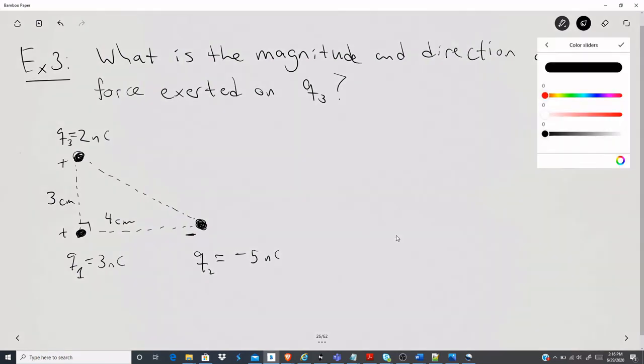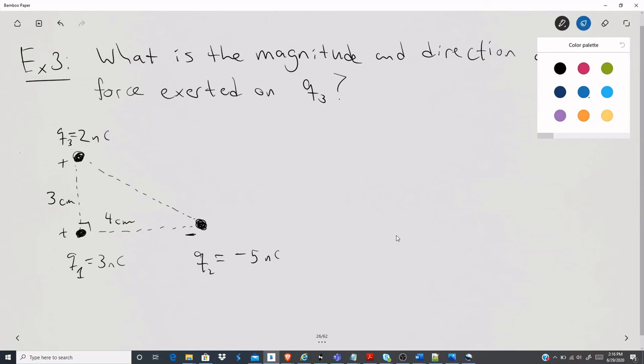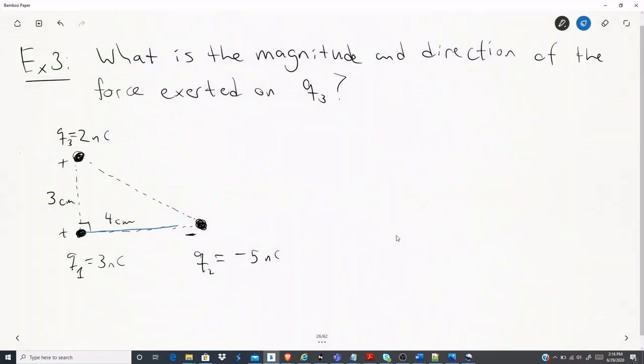First thing you should always do in this type of situation is set up a coordinate system. So I am going to identify the bottom edge of this triangle with the x-axis and the vertical facing side with the y-axis. And so we now have a coordinate system.